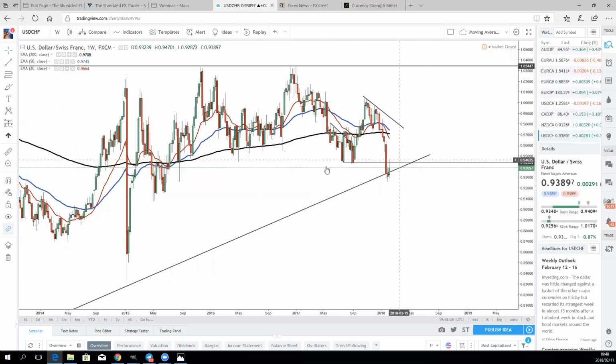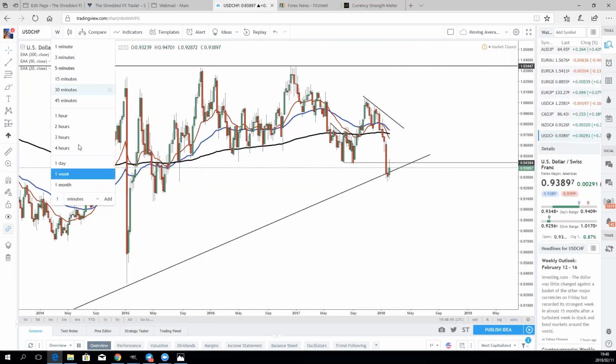Okay, very interesting pair over here. Again, we closed significantly below support. We pulled back last week. However, we have still closed below. There could be a lot of shorts here if we can break to the low again.